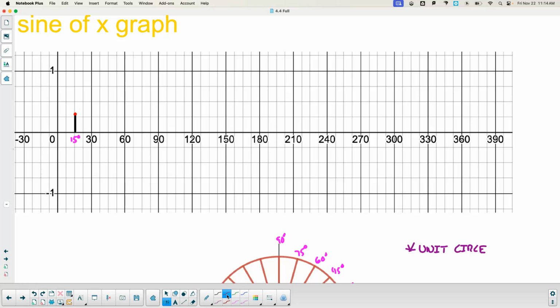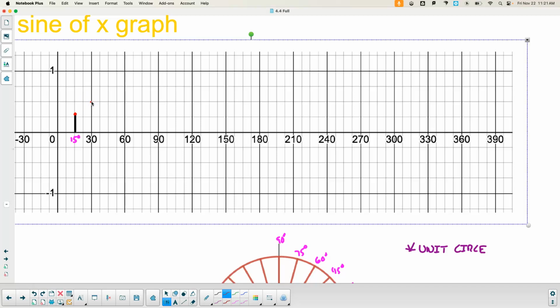Give you time to measure it all the way around. Go. So it should have been there, then to there, then here, here, here, there.